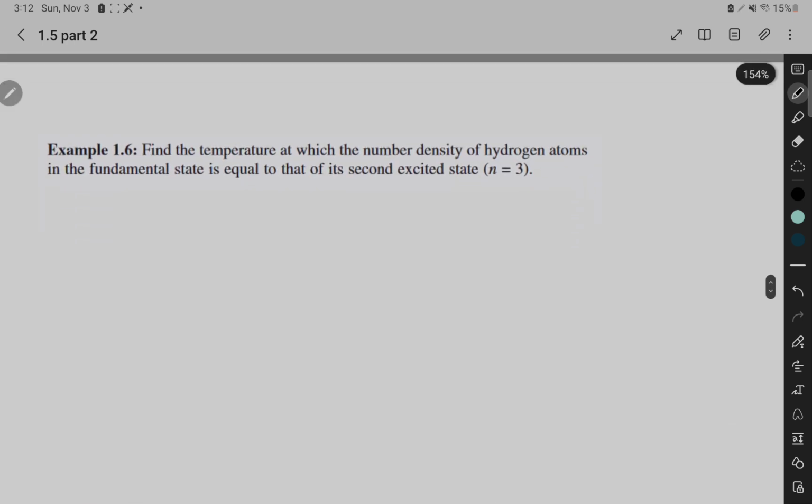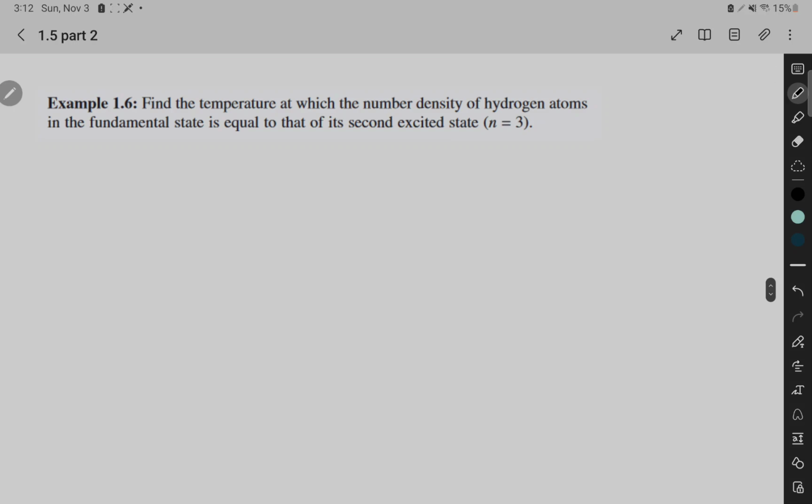So one example question we can go through right here is that we're asked to find the temperature at which the number density of hydrogen atoms in the fundamental state is equal to that of its second excited state, right? So what are we trying to find here? Well, what are some things that are given? Well, first of all, this is about a ratio between two specific levels.